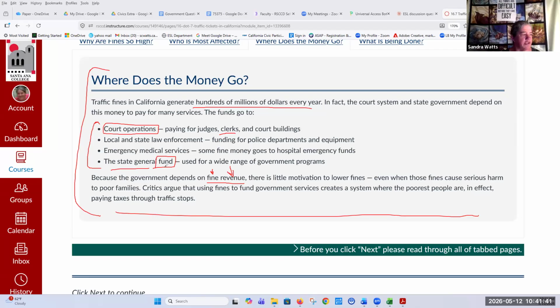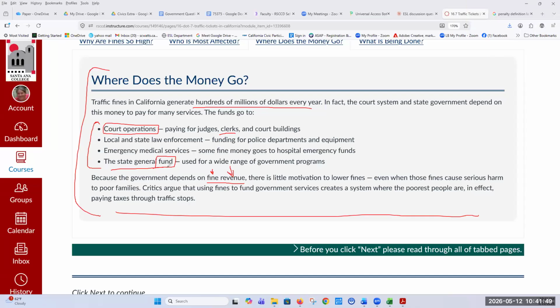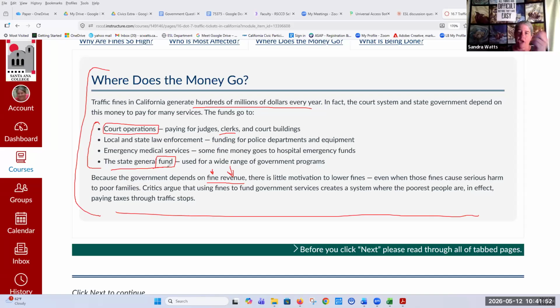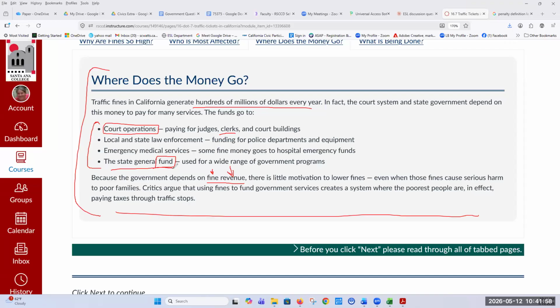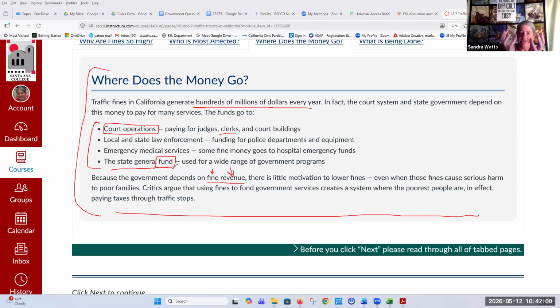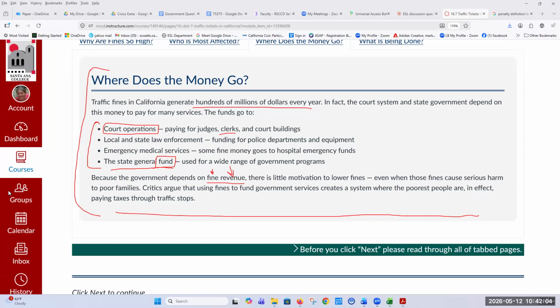So the state has an amount of money called the general fund that they use for different projects or to help with something. So that's a fund. It's basically like a savings where the money is sitting until it gets used for something.